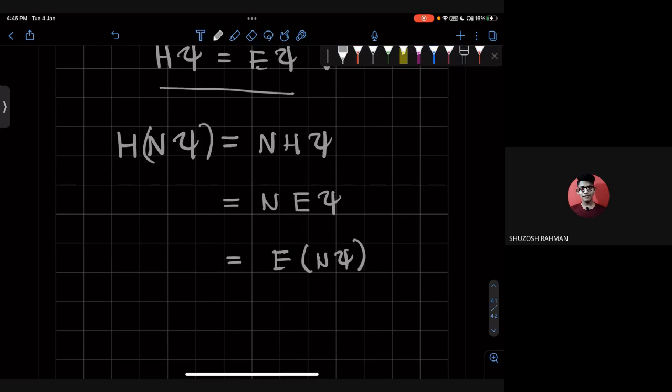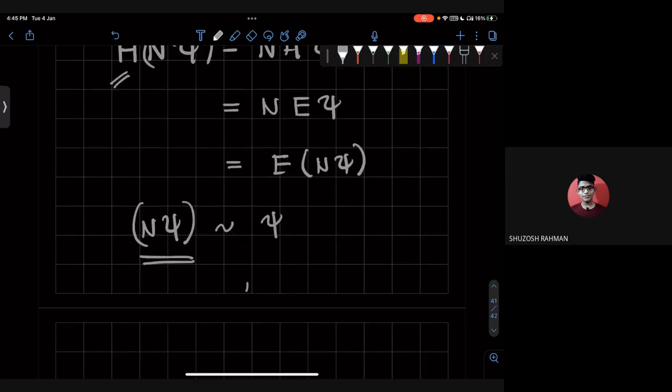So we see that N of psi is also an eigenfunction of H with the eigenvalue E. And if the system is not degenerate, then this wave function must be proportional to the wave function psi.